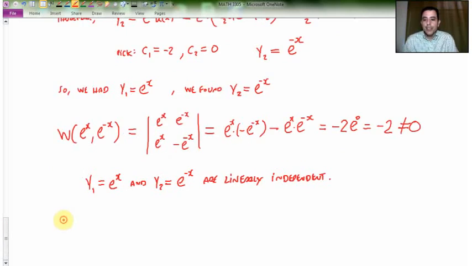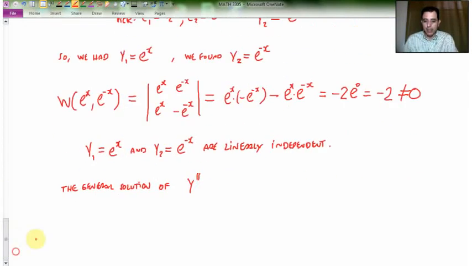So we can say that the general solution of the original ODE, y'' - y = 0, is a linear combination of those two.